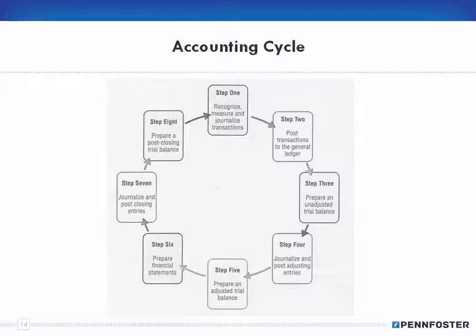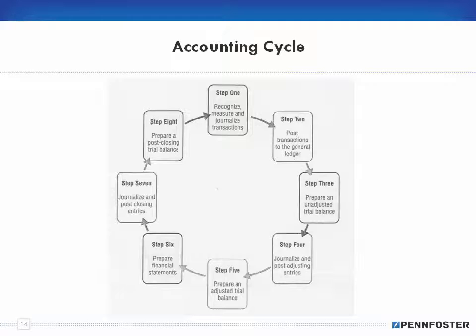Again, this was presented in the introductory videos in a flow chart in a different manner. I talked about it on several different videos, but this is the way it's being presented in the textbook.